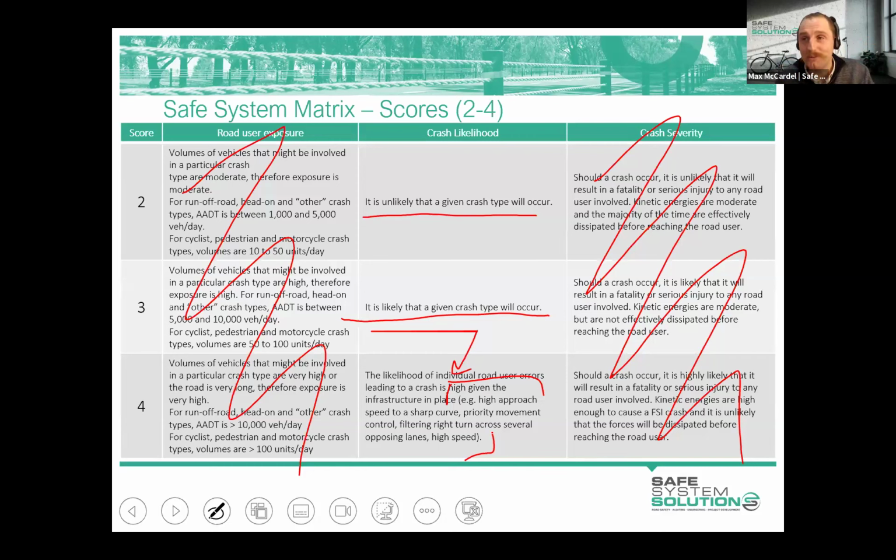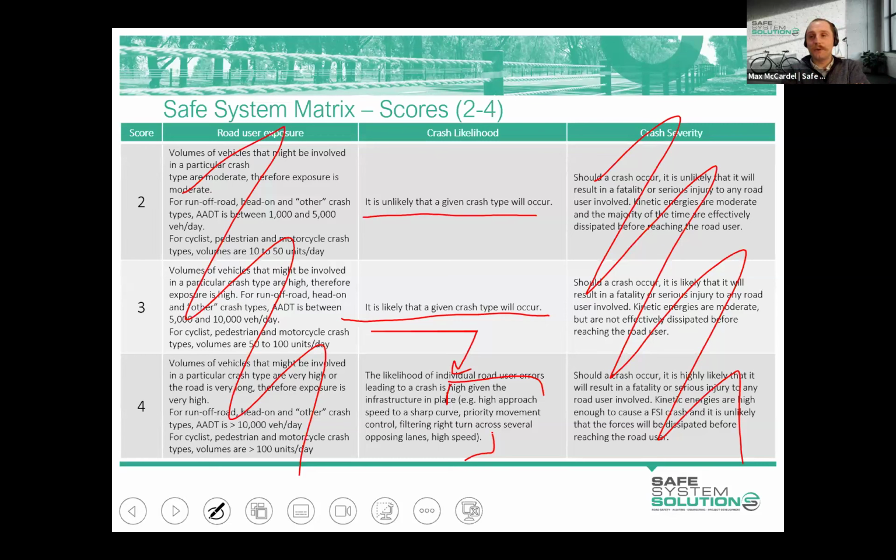But I'm sure you could all appreciate that what one person defines as likely, another person could say, no, that's unlikely. And so you get into this space of, well, should it be a score of 2 or a score of 3? The way the subjectivity is mitigated is you always conduct your safe system assessments as a team.